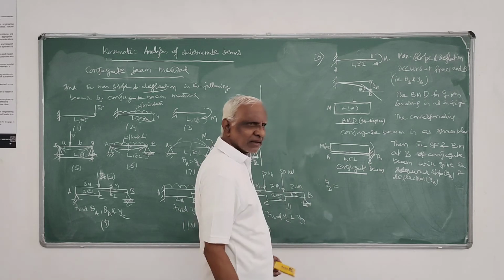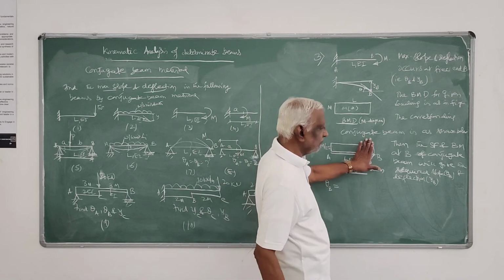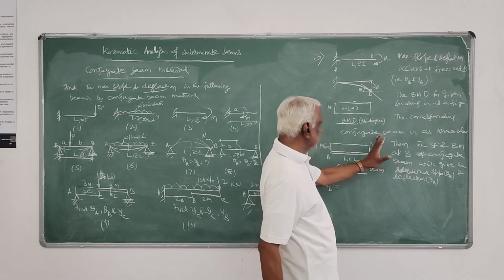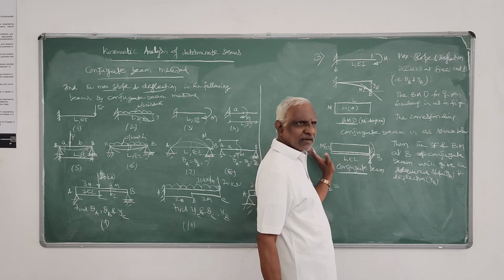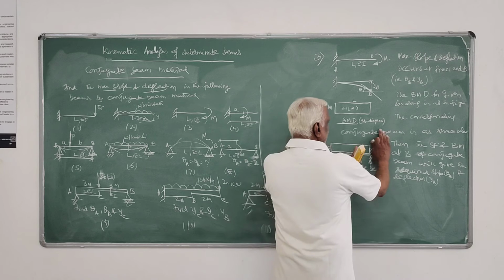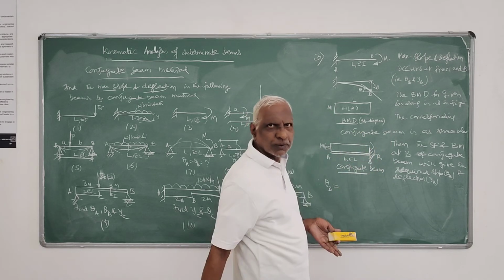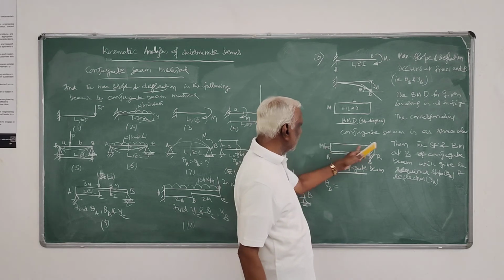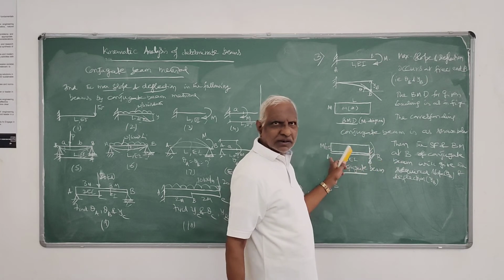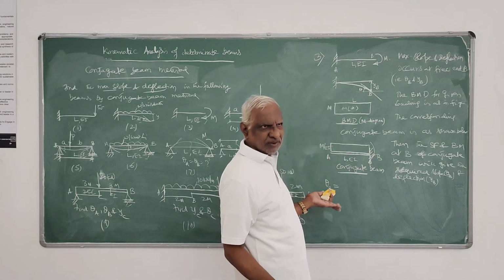How do you define shear force at any section? You take the section, towards the left of B. It is the algebraic sum of all the load. The total load means the area of this figure.